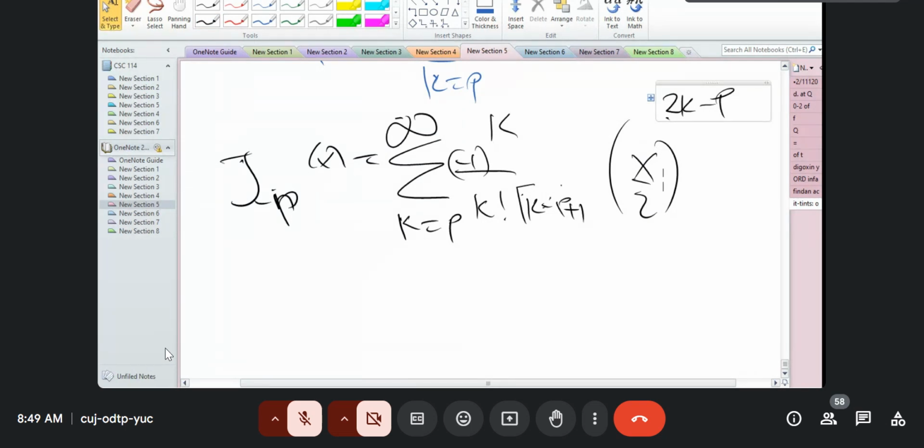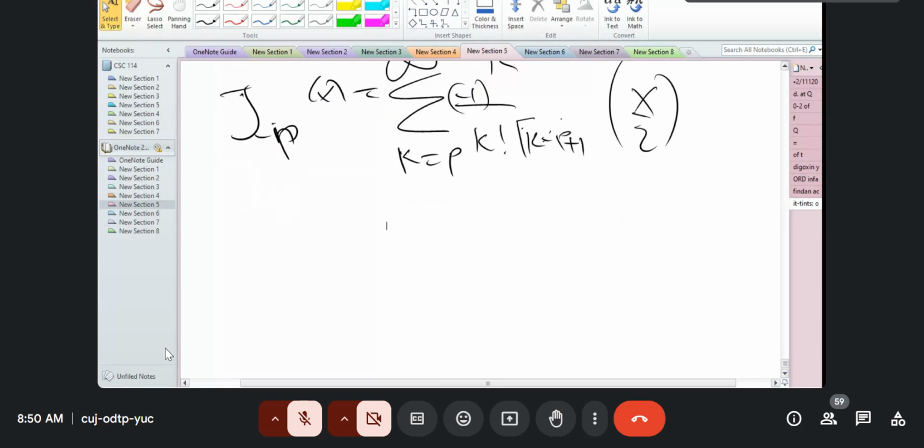So if we specify that k should run from p to infinity, then we are taking care of gamma of k minus p plus 1. But again, we want a case where k is just running from 0 to infinity for the Bessel function. So we do something called reindexing, just like we did yesterday, by setting k minus p equal to some other index, say m.